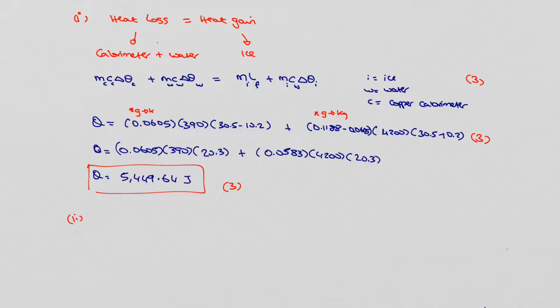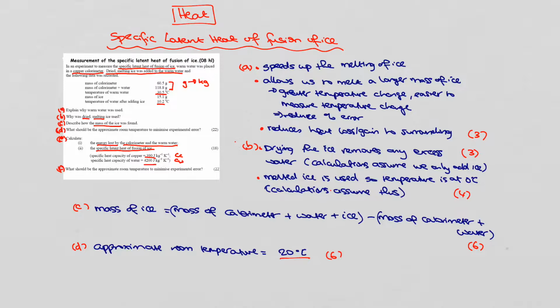So the second part of the calculation then is to work out our L. So of course this is where we're going to sub it straight into this formula up here. So we're going to have our 5,449.64 is equal to the mass of our ice. So to get the mass of our ice, again, we need to go back and we can see the mass of our ice is 15.1, but that's in grams.